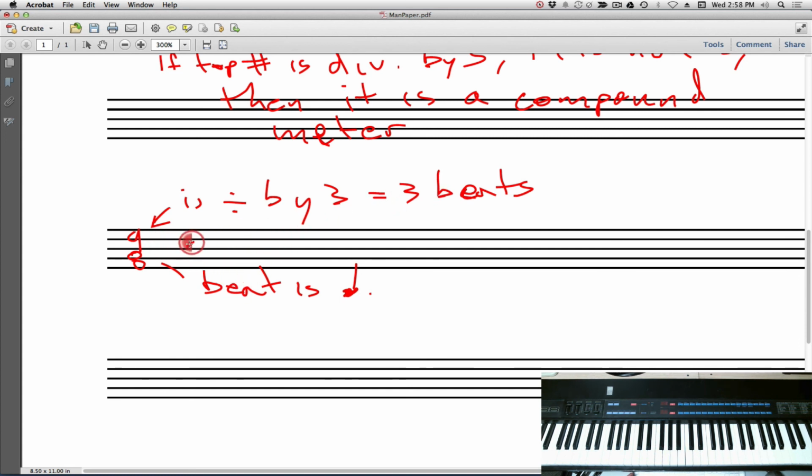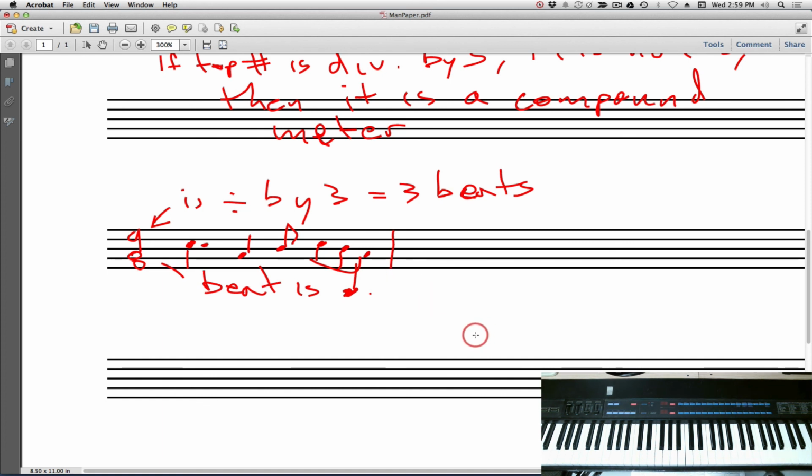So if we wanted to write something that goes like this, dotted quarter, okay. 1, 2, 3, 4, 5, 6, 7, 8, 9, right? And that would be the end of our measure.